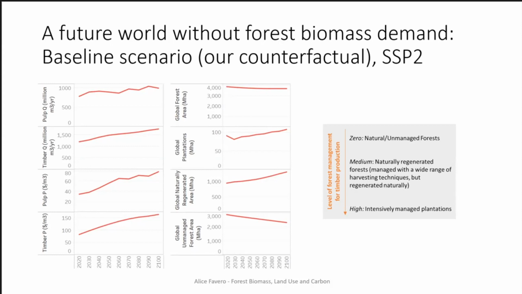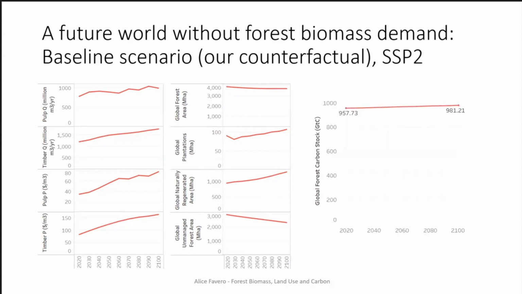Now, the final one, which is interesting, is the carbon balance under this no biomass scenario, and it is shown here. You have a stock of carbon in global forest, and this is expected to increase just because of all these changes.